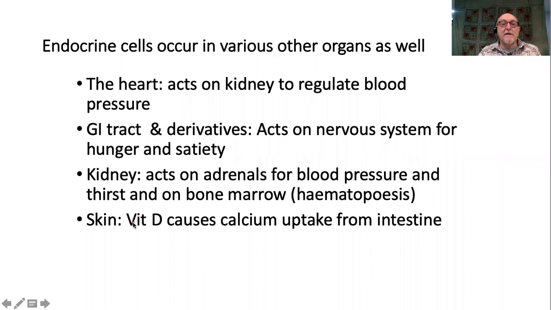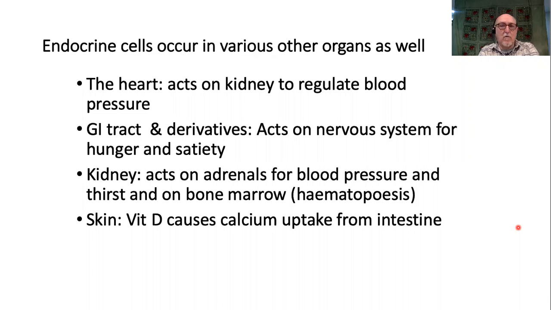Okay, so just briefly, I want to tell you that there's a lot of endocrine activity of other organs, and some of them really surprising. For example, there are cells of the heart which are endocrine.